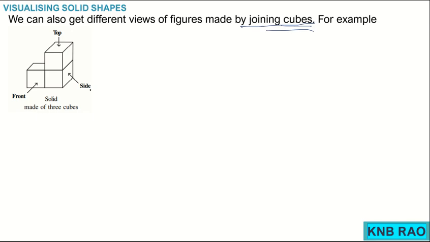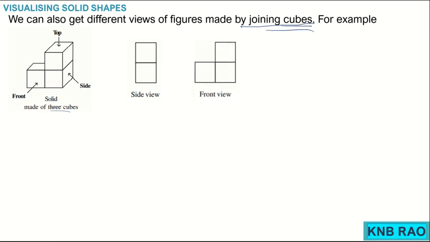So with that experience, if you observe, this solid is made up of 3 cubes. Now its side view will be of only 2 squares, whereas its front view is of 3 squares, whereas its top view is of 2 squares, right?